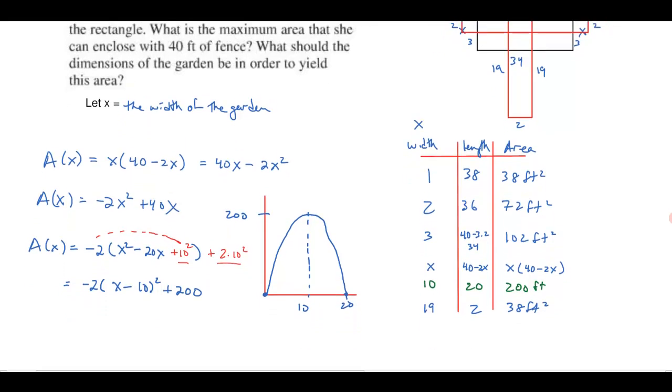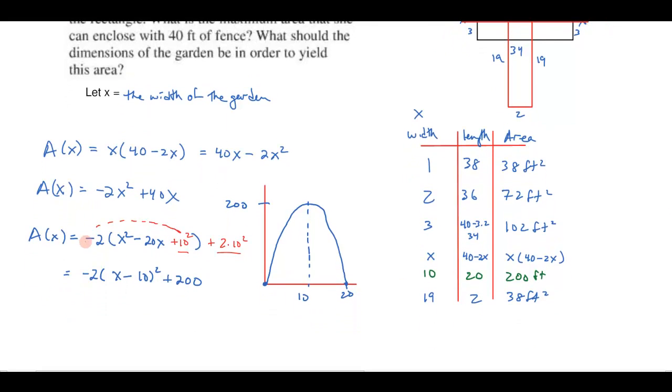Now I could also have, once I was to this point right here, or right here, either one, I could put a big or. The maximum occurs at the vertex, and that's going to be true of any quadratic equation that's opening down.